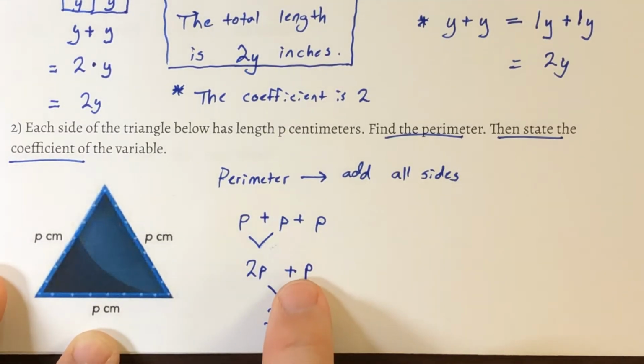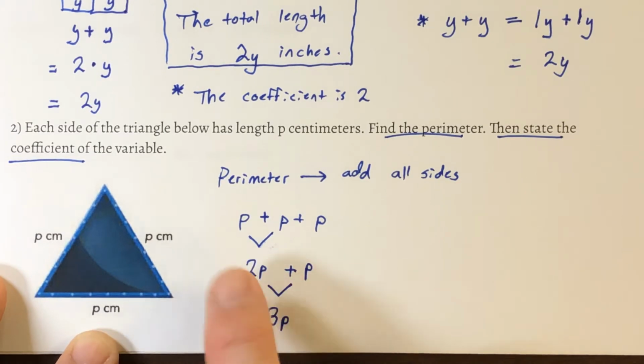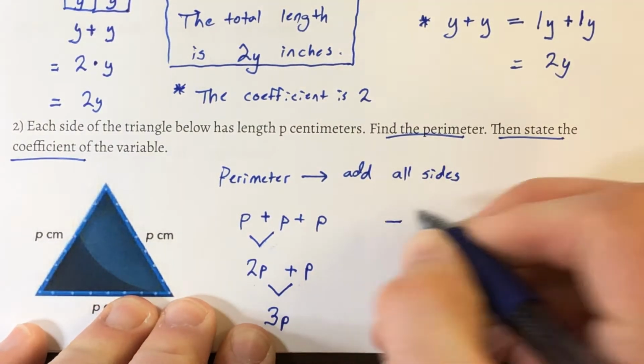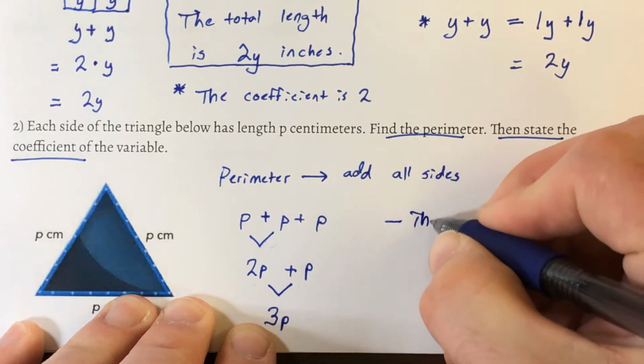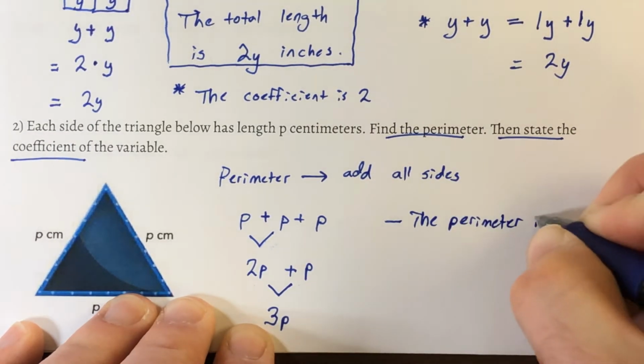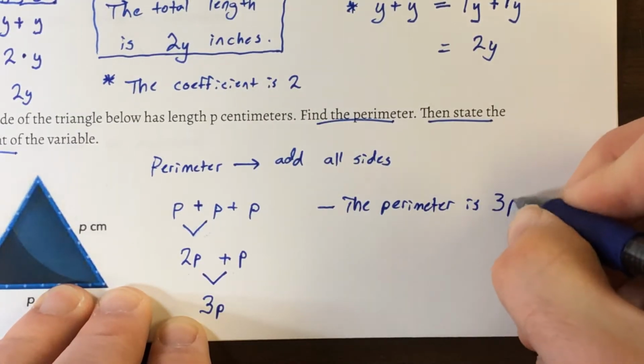Again, what am I doing? I'm simply adding the coefficients in front of the variable. So 2 and that invisible 1. All right, so I get 3p as my total. So first answer, what's the perimeter? We're going to say the perimeter is 3p.